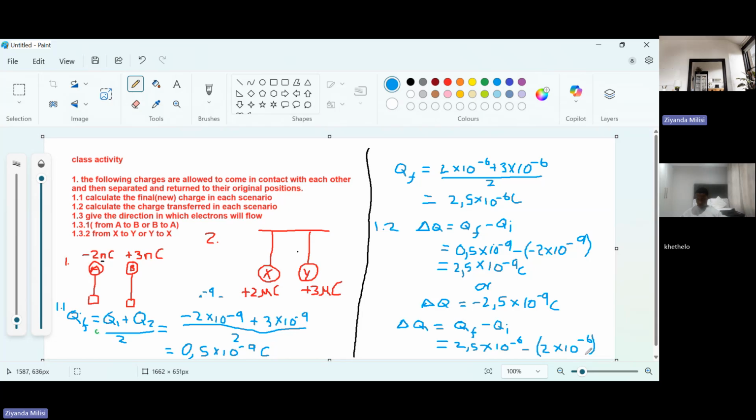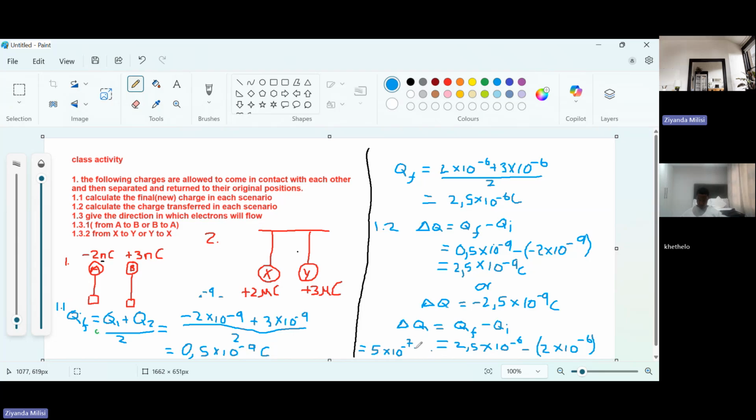And what is the answer? 5 times 10 to the power negative 7, or 0.5 times 10 to the power negative 6. You see that it's positive. Yes, ma'am.